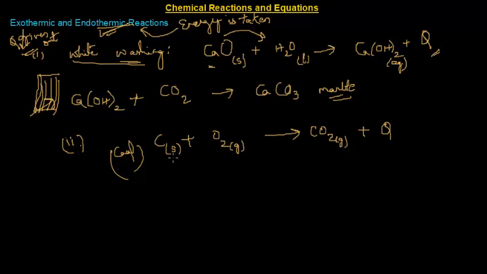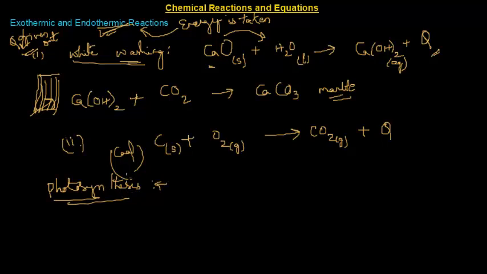Then, if we come to a more general example in our life, which is the photosynthesis process. How do plants prepare food? Plants prepare food using the process called photosynthesis. Now, how does this take place?